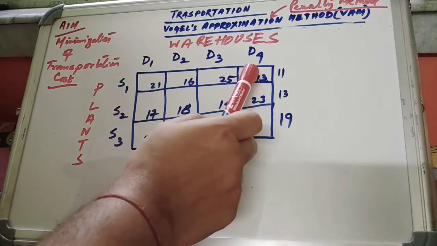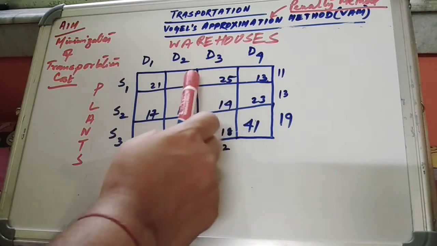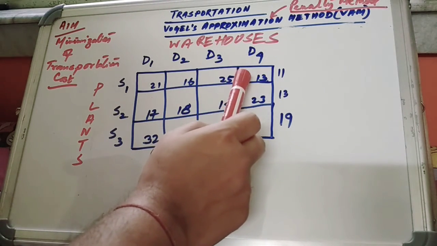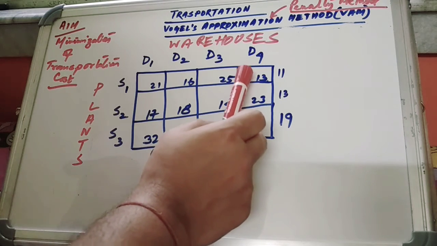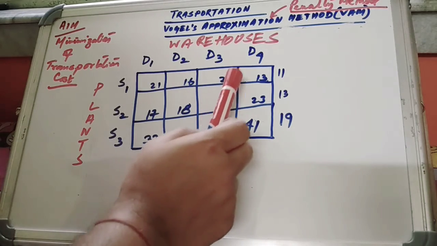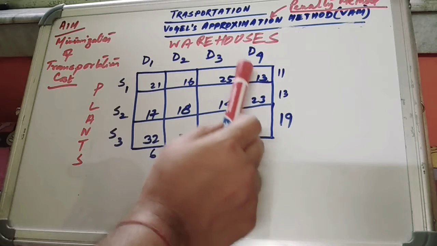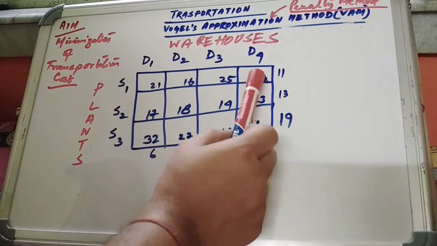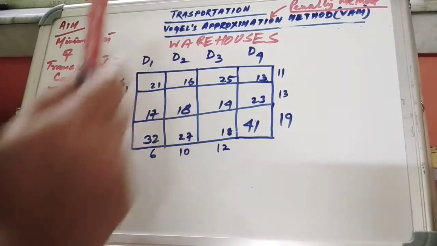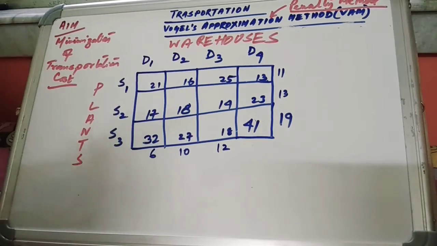So penalty is the difference between the two transporting costs, and we are taking penalty as the difference of the least two values of a particular row or column. Why? Because we are considering the worst case scenario. In the worst case scenario, if you select 16 out of 30 instead of 13, you have to pay a penalty of ₹3. Understand?